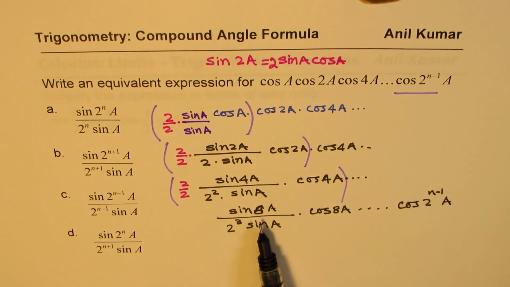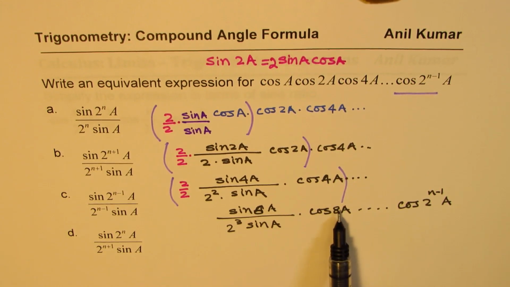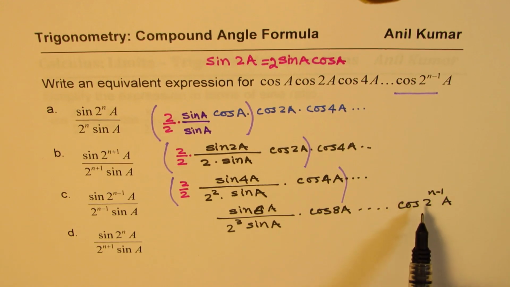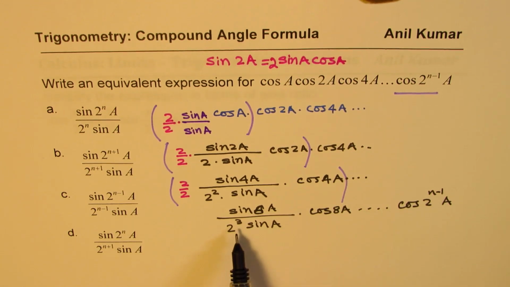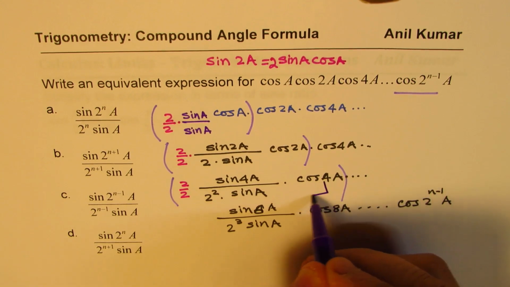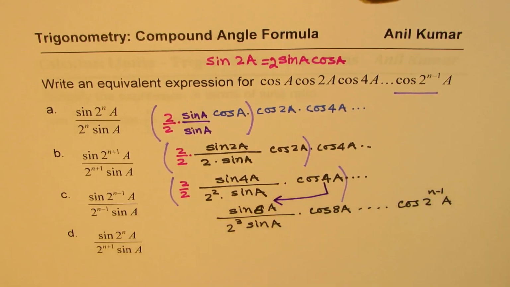So what you notice here is the term 8 is the same as the term 8 for the next term. So at the end, we should end up with what? We should end up with 2 to the power of 3 is here, right? So what we have done here is that we have used 4 to get 8. Do you see that? So this number 4 gave us 8.